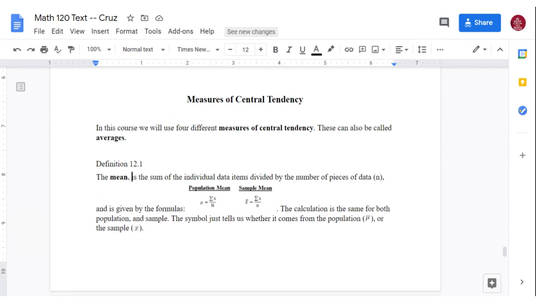So it's similar, but it's officially what would be called a weighted mean. Things have different weights. That's not that hard to do, but we're just looking at the basic mean in here.